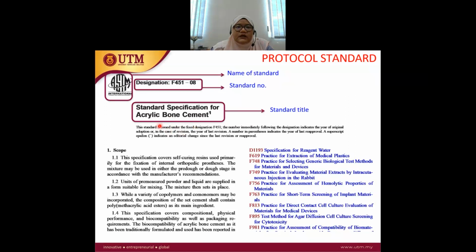For example, here, standard specification for acrylic bone cement. If there is a protocol that shows how to mix the bone cement, you need to comply with it and follow the standard here.